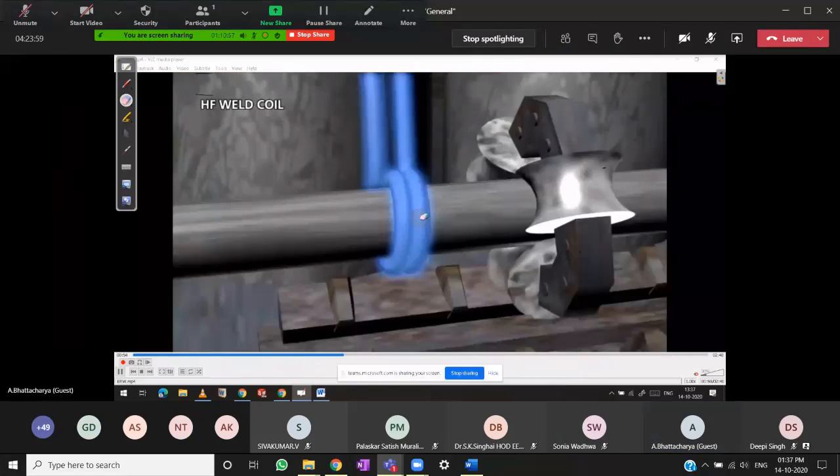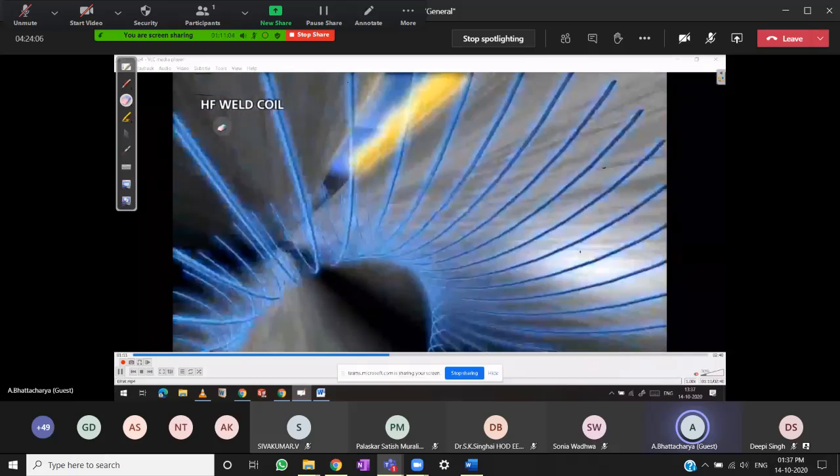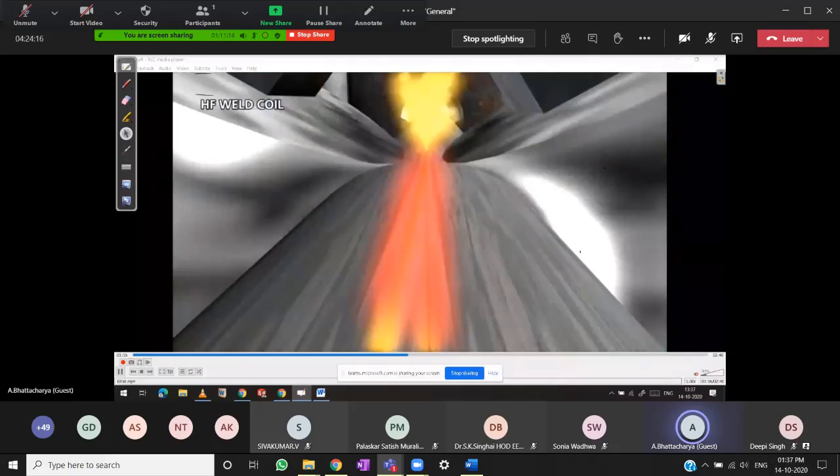So the pipe sizes. So this is how you are getting it. Okay. So I'll close this.